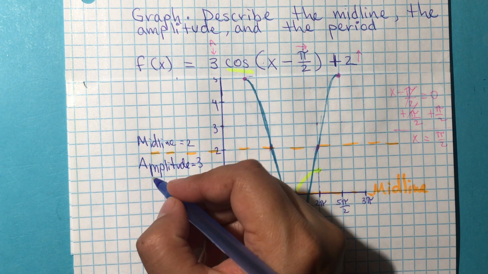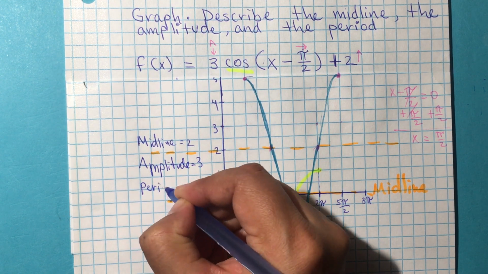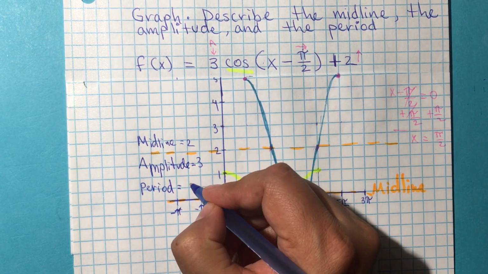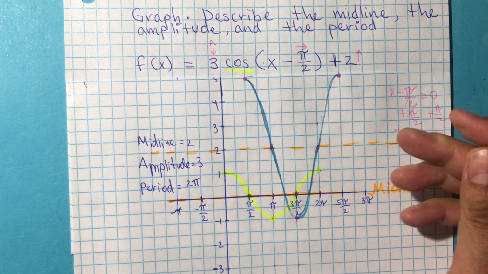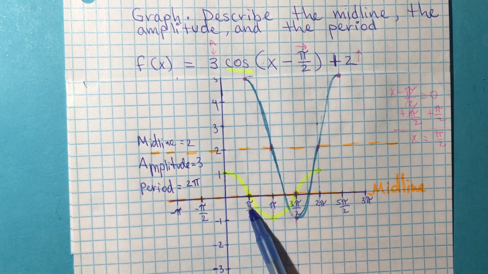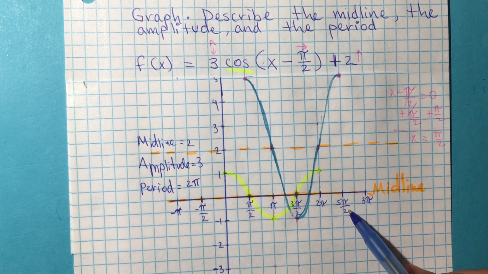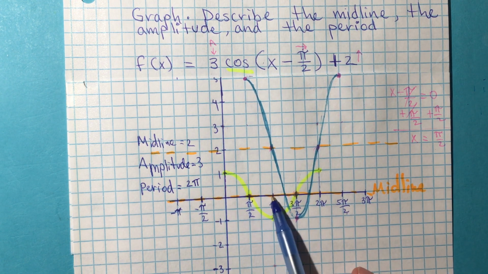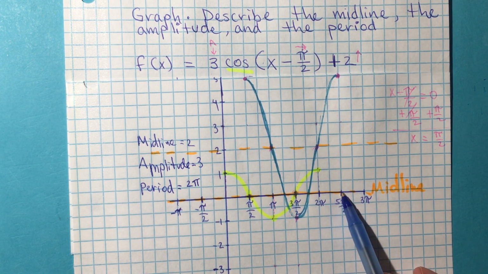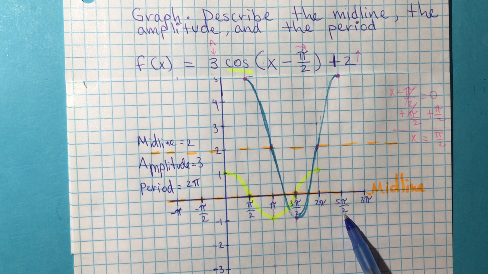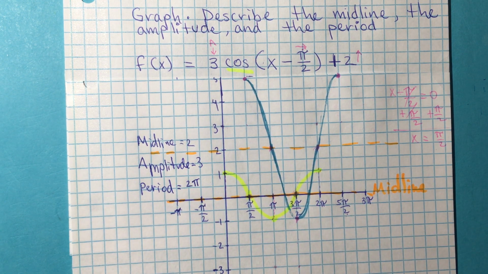It's still 2 pi. Okay, period did not change, it is 2 pi. From here, pi over 2 to 5 pi over 2, it's 1, 2, 3, 4, 4 halves. 4 divided by 2 is 2 pi.